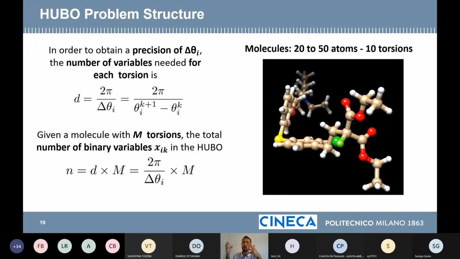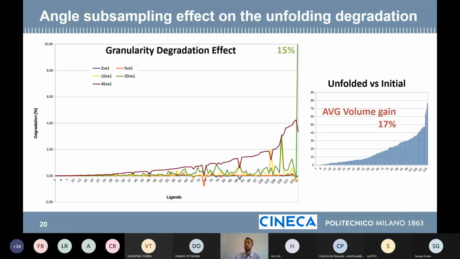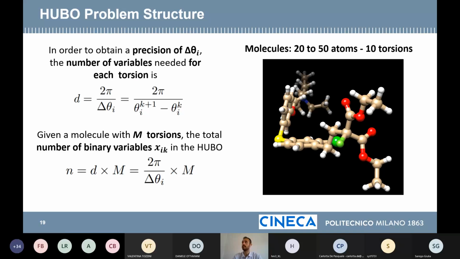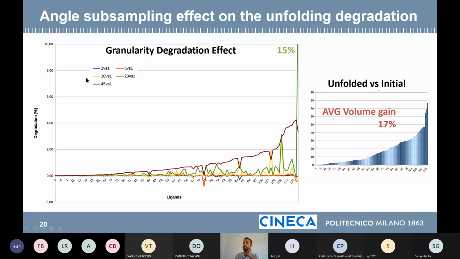No, I mean all of them had 10 torsions, 10 rotatable bonds. So what we did is, the number of variables that we introduced was associated with a discretization of the angle of pi over 4. So which means 45 degrees.